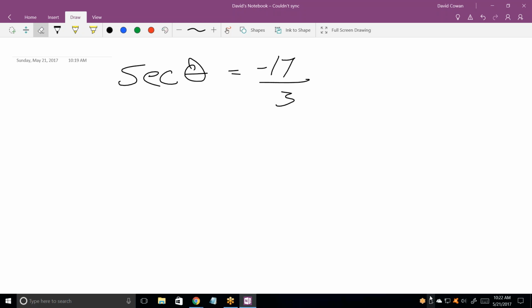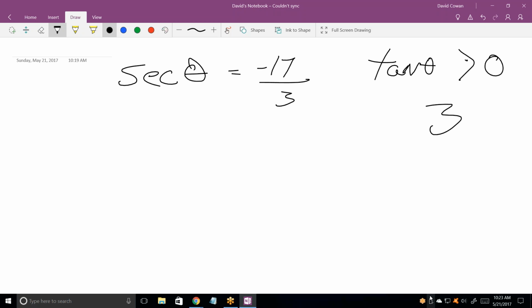Not with these numbers, but they would give you a trig function's value, and they would tell you which quadrant it was in, or they would say tangent of theta is greater than 0. Well, that tells you what quadrant it's in. If secant is negative and tangent is positive, there's only one quadrant where that happens. I'd put it in the third quadrant, right?